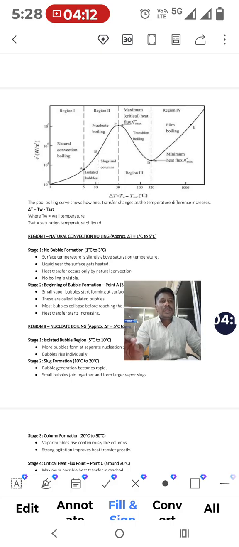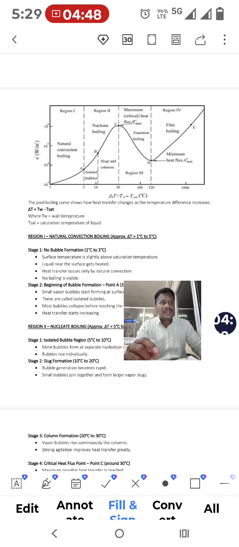Both x-axis and y-axis values gradually increase up to point C. When it reaches point C, it is called the maximum heat flux or critical heat flux. As more heat is applied, the heat flux in watts per meter square slightly lowers while the change in temperature increases. This region is called transition boiling.